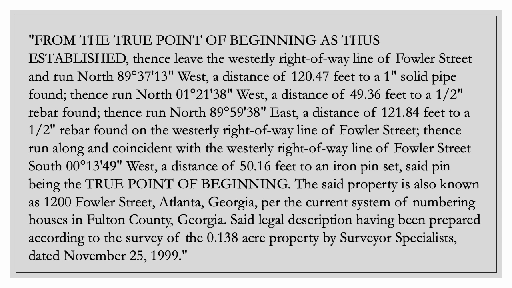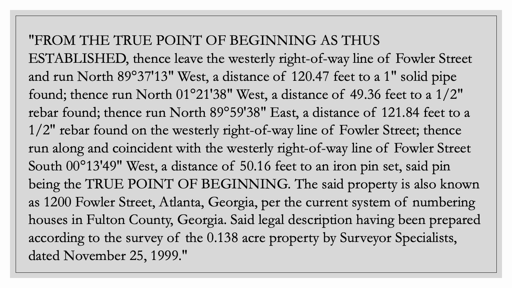Thence run north 1 degree, 21 minutes, 38 seconds west, a distance of 49.36 feet to a 1/2-inch rebar found. Thence run north 89 degrees, 59 minutes, 38 seconds east, a distance of 121.84 feet to a 1/2-inch rebar found on the westerly right-of-way line of Fowler Street.